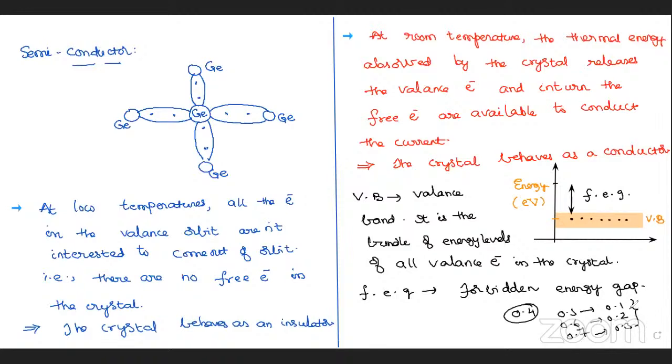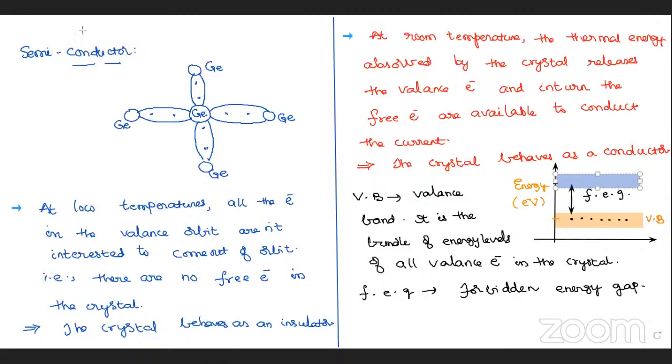Extra energy you are getting here. So all the free electrons do not have the same energy. Again I have to take a pack, a bundle of energy levels of free electrons. That bundle I am drawing here in the graph.